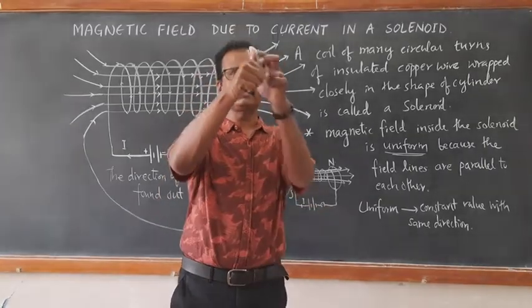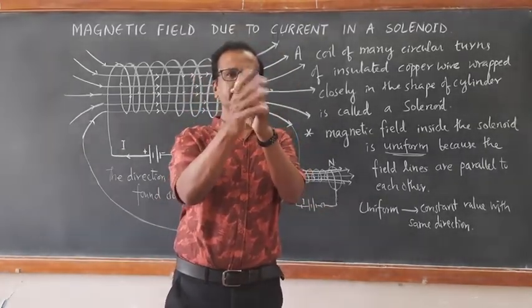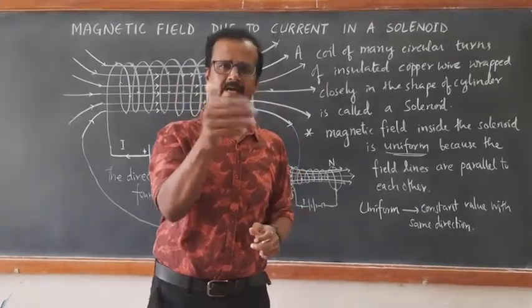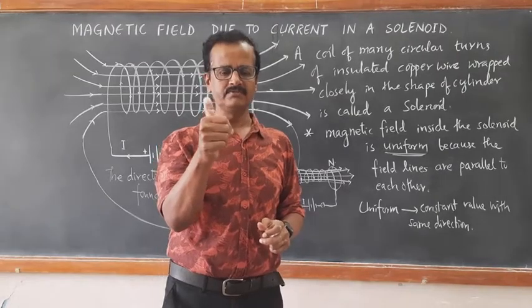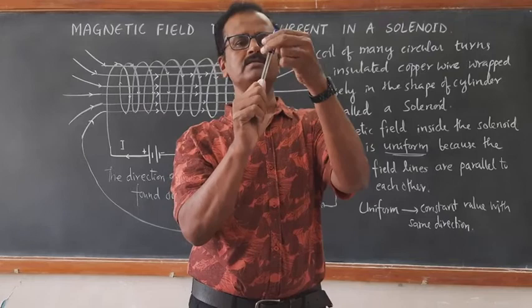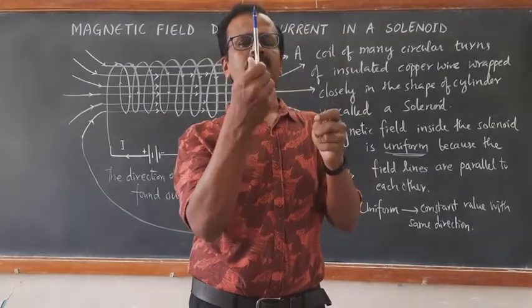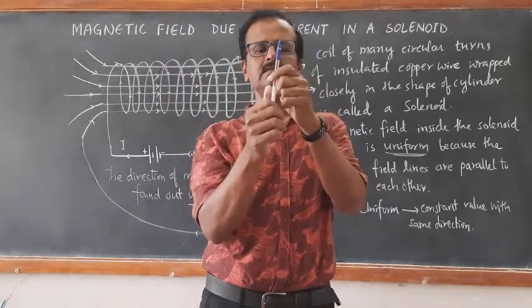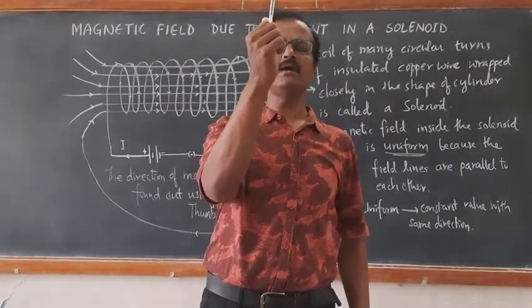If this is the straight conductor carrying current, the wrapping of the fingers represents the magnetic field lines. If you turn the screw in the same direction as the wrapping of the fingers, the screw advances in the upward direction.